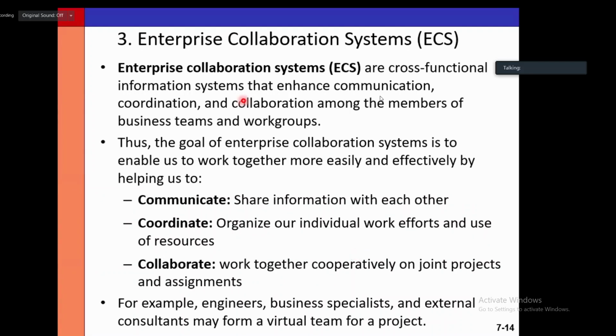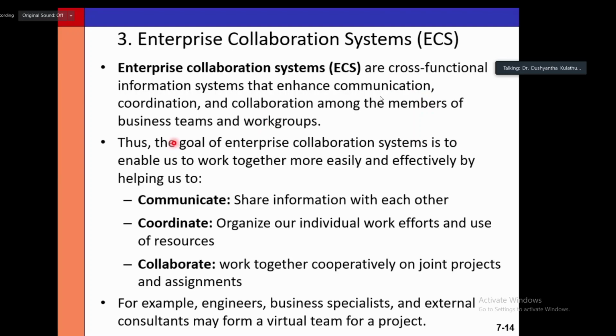Then we are moving to the third category of cross-functional information systems, that is enterprise collaboration systems. Enterprise collaboration systems are cross-functional information systems that enhance communication, coordination, and collaboration. So it basically performs three activities: communication, coordination, and collaboration among the members of work groups or team members.